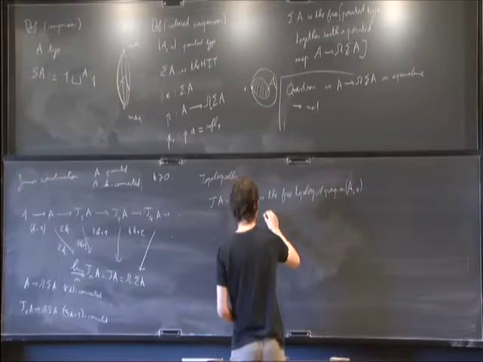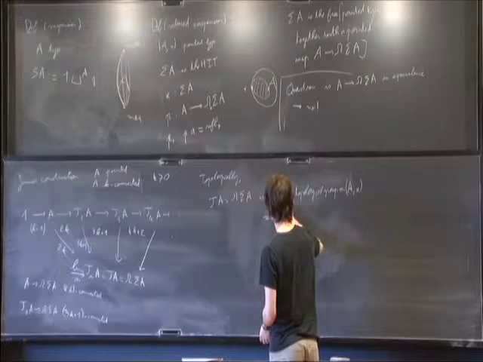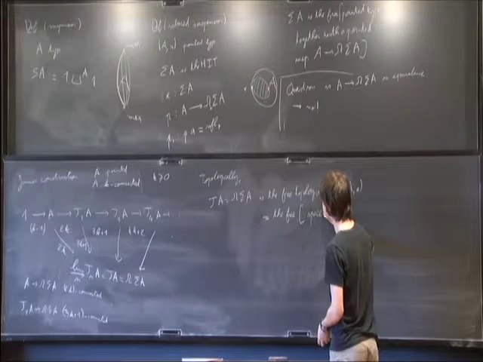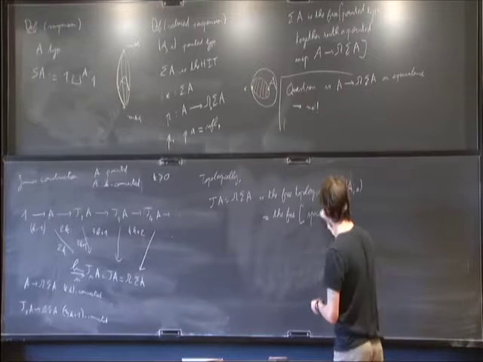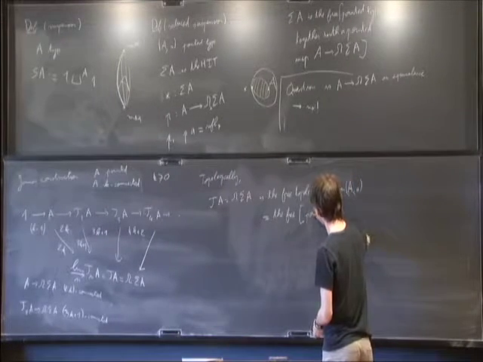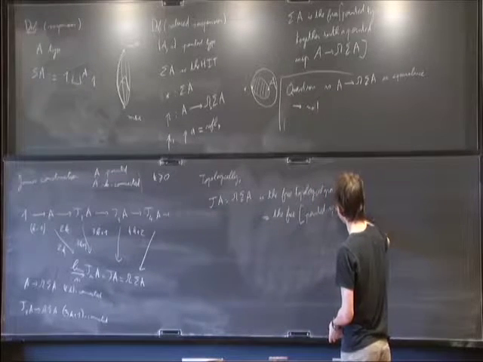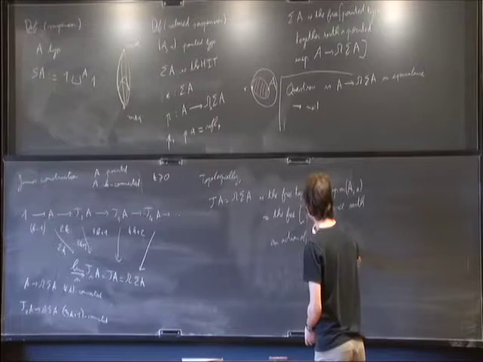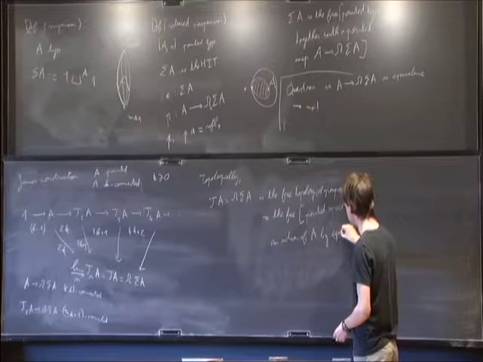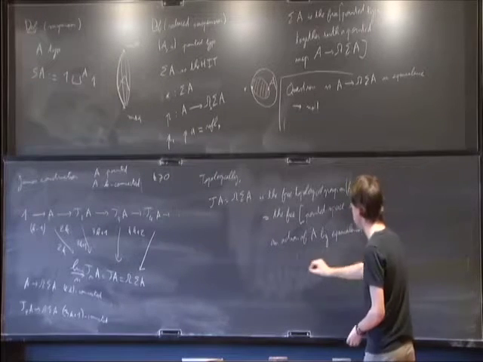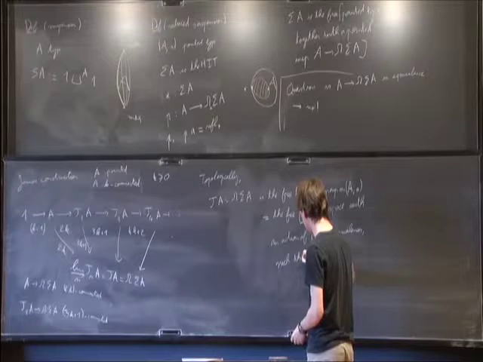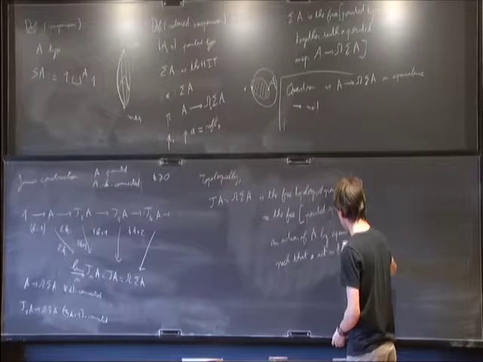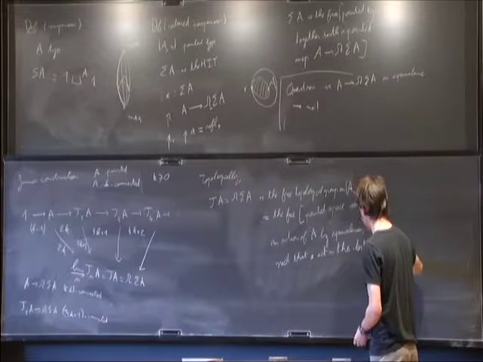Because the free topological group is just the free pointed space with an action of A by equivalences such that A, so small a, acts as the identity.